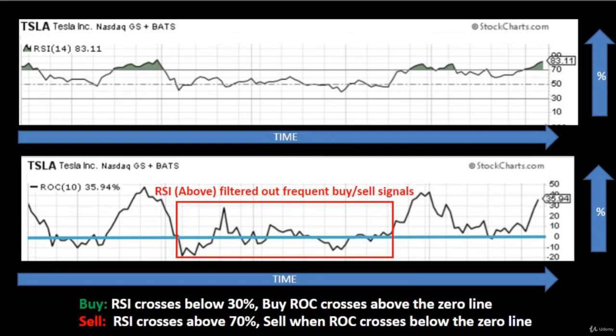Now, if we look at these together, one thing that you'll see here is you notice how the ROC goes above and below the zero line pretty frequently there in the middle. That's that whipsaw effect where it's whipping above and below the line, causing a lot of frequent buy and sell signals. And the RSI above does not have that. Remember, the RSI is at 70 and 30. If you look at that same part of the chart, there's no buy and sell signals.